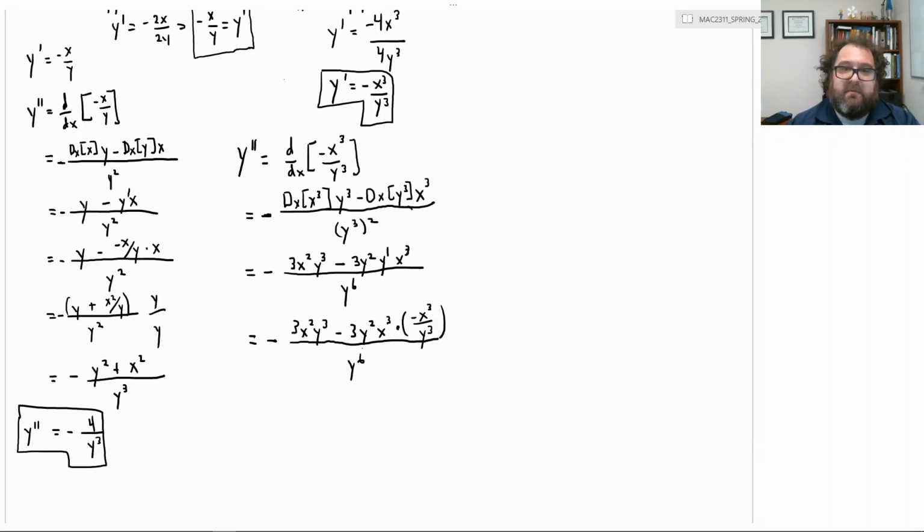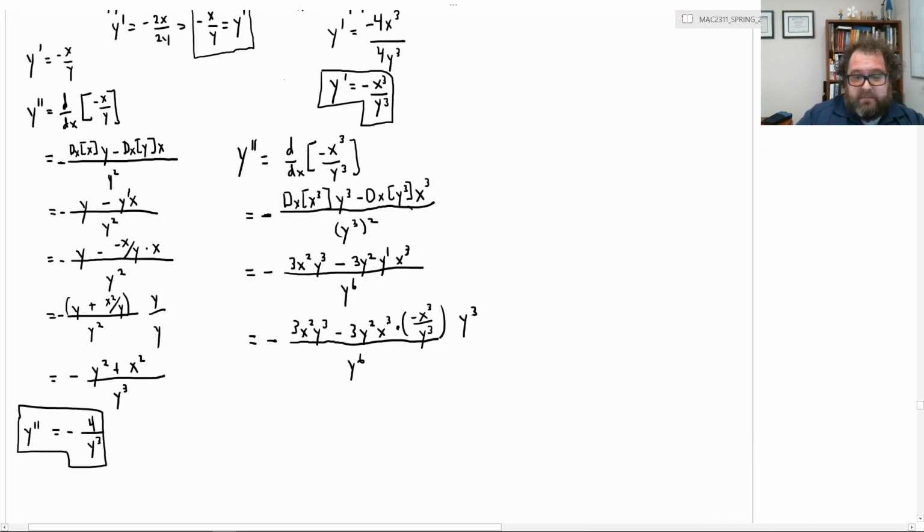Now we just need to simplify. Same issue as before. We have a compound fraction. So what if I multiply the top and the bottom by the denominator of the smaller fraction in the numerator, y cubed? What if I multiply the top and the bottom by y cubed?